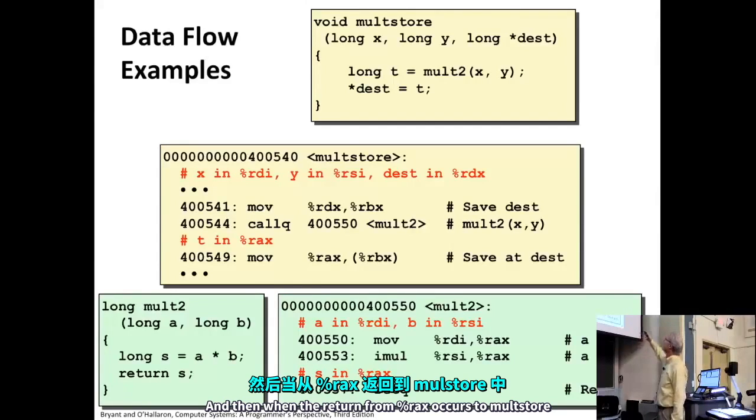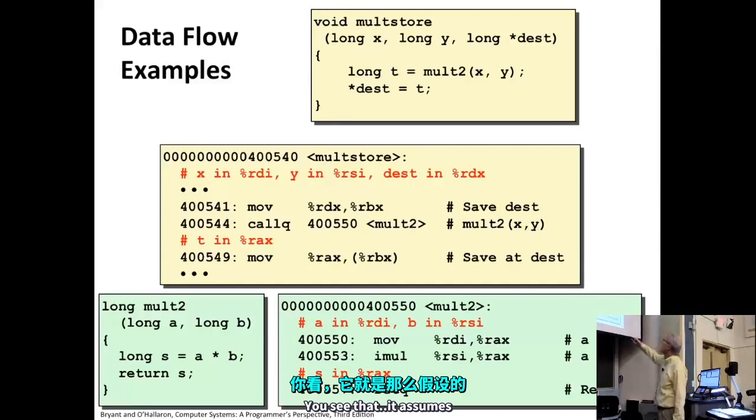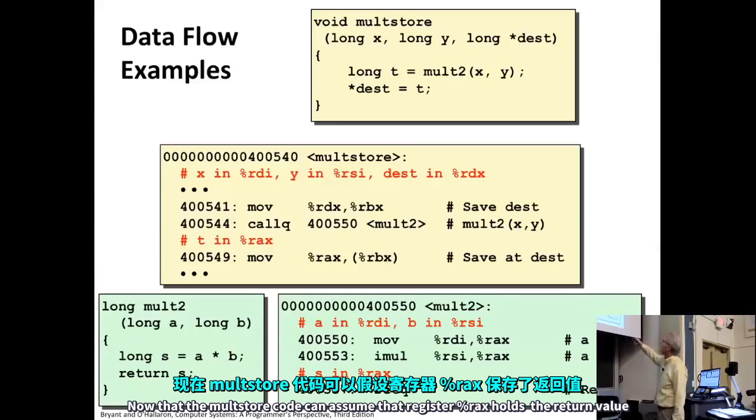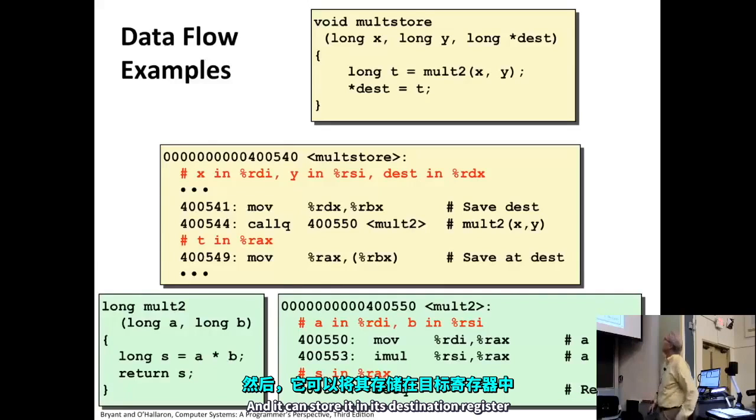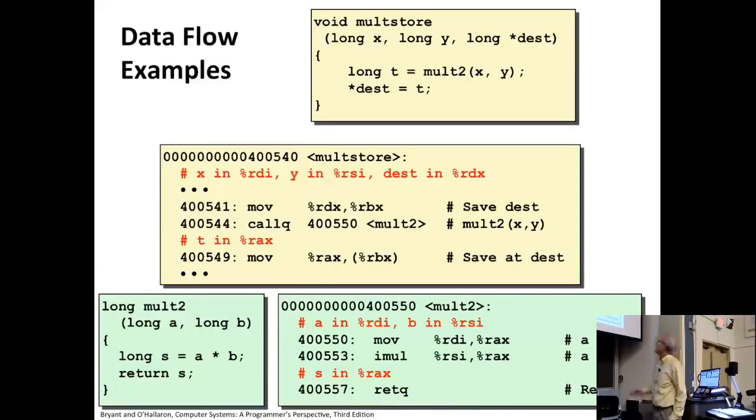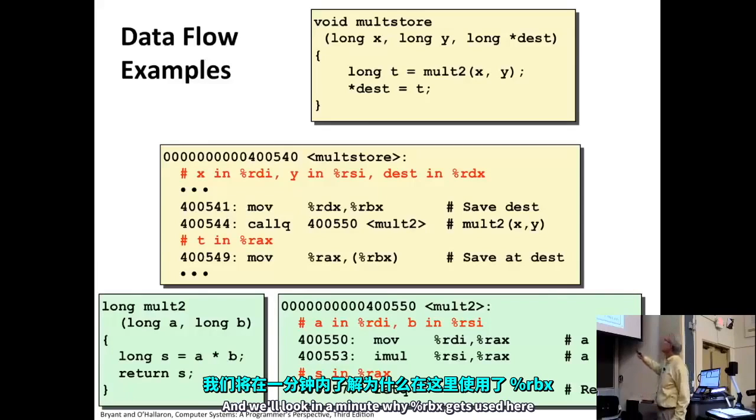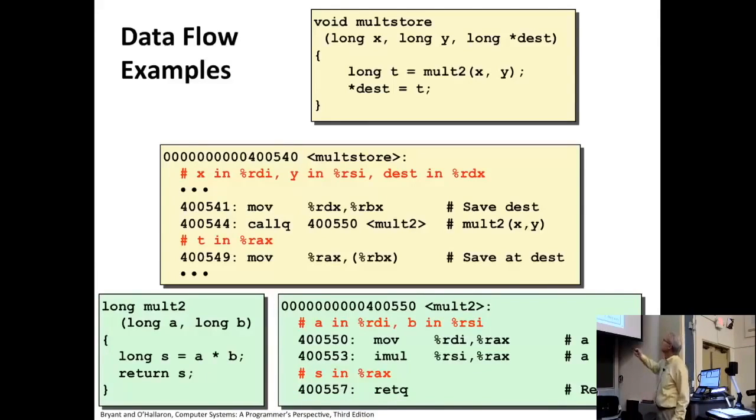And then when the return occurs to mult_store, the mult_store code can assume that register RAX holds the return value, and it can store it in its destination register. And we'll look in a little while at why RBX gets used here.